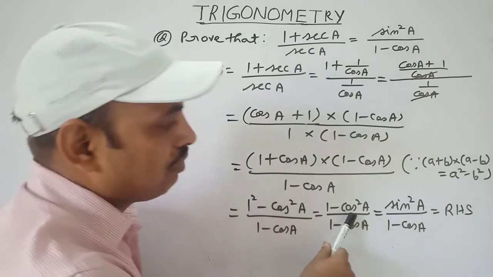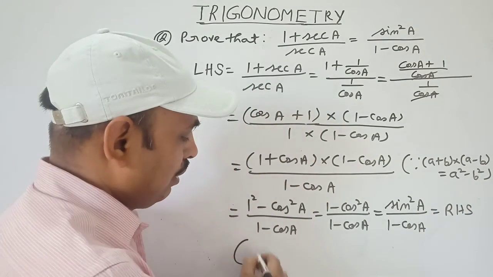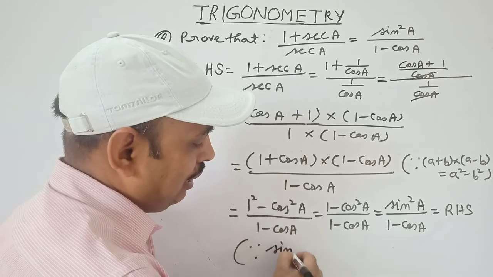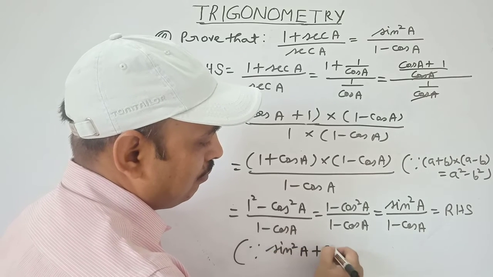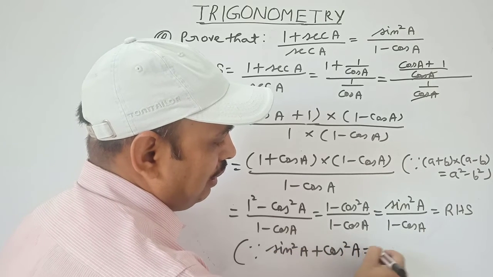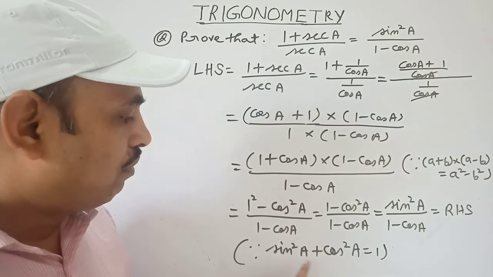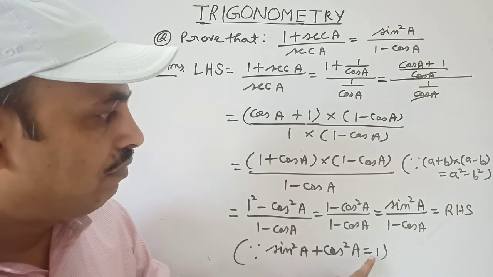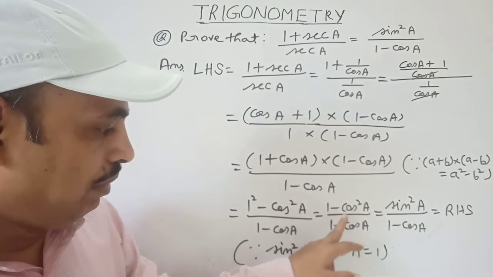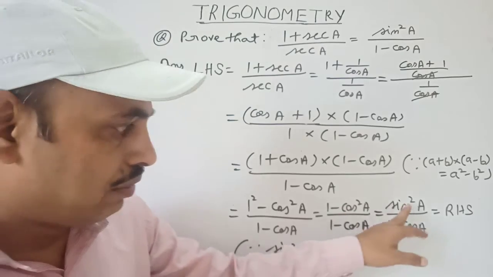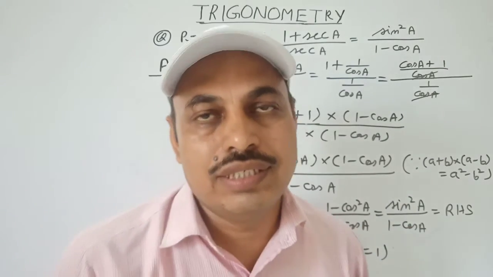Why is 1 minus cos square A equal to sin square A? The reason is sin square A plus cos square A is 1. So from here sin square A is 1 minus cos square A. So we put 1 minus cos square A equal to sin square A.